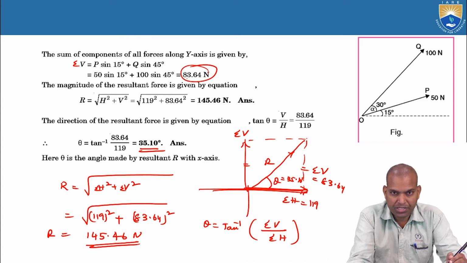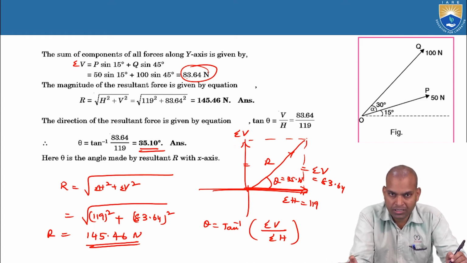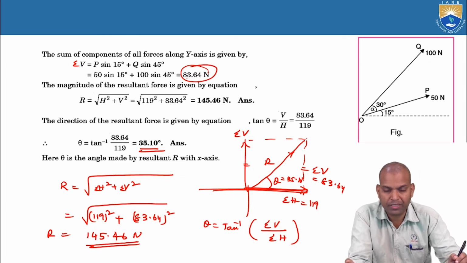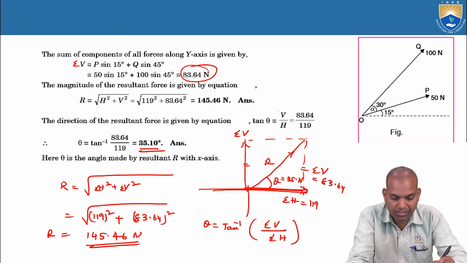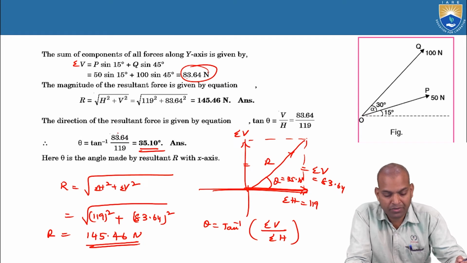Now interpretation. The resultant force is always greater than sigma H and sigma V. And one more thing, the value of sigma H is larger in this case, 119 newtons, and sigma V is 83.64.